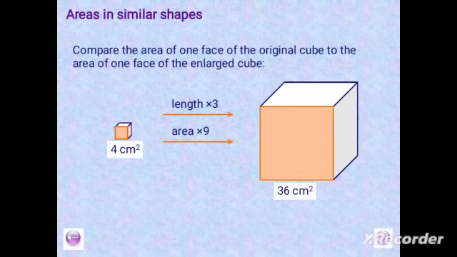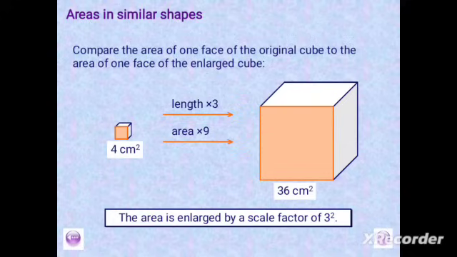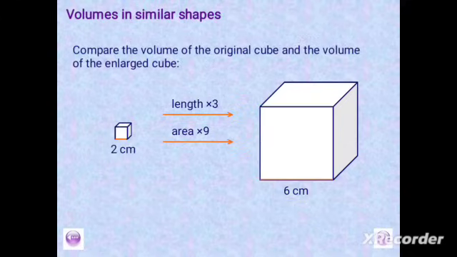So the area is enlarged by a scale factor of 9. So the area is enlarged by a scale factor of 3 squared. On the volume, if you compare the volume of the original cube and the volume of the enlarged cube, we have the volume of the smaller cube as 2 times 2 times 2, giving us 8 cubic centimeters.